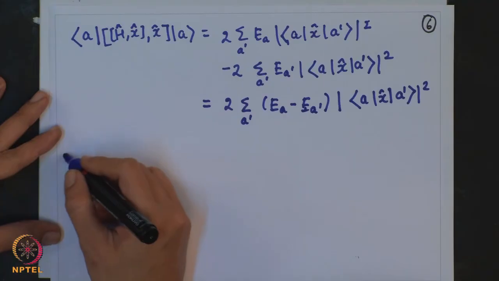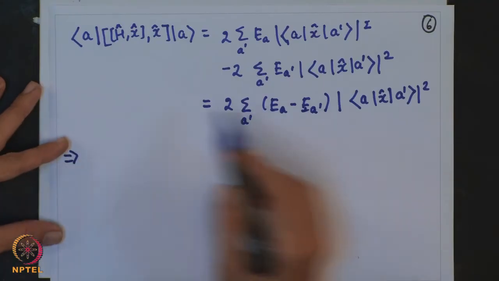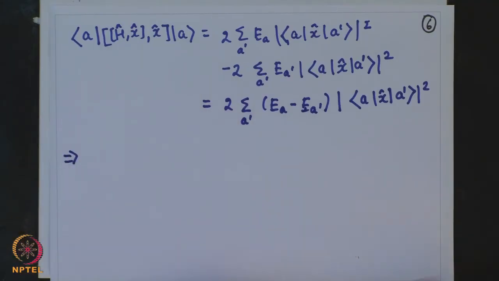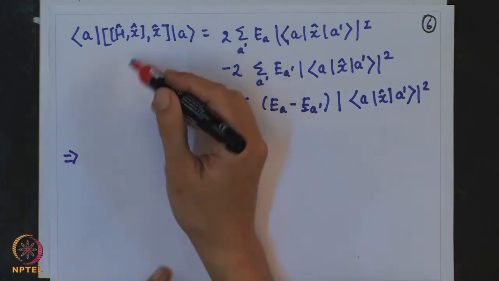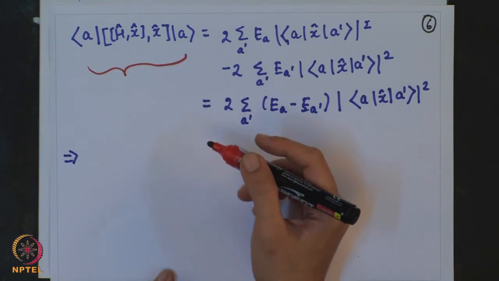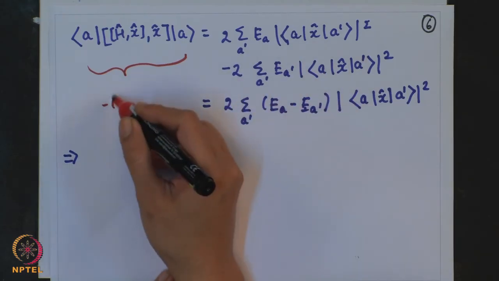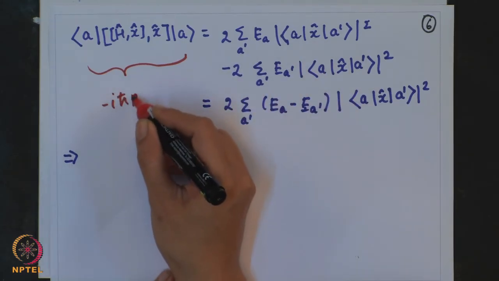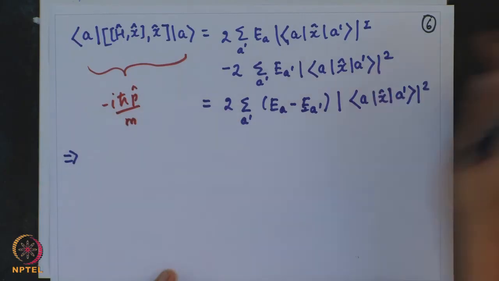Now, what we want is only this term. So, from this, what do we get? We know the value of this term; we have calculated it. What was it? Minus i h cross p cap upon m, that is what we have evaluated.